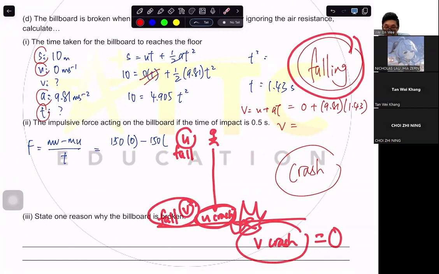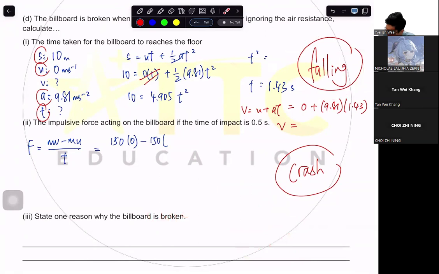Makes sense, right? So what is this final velocity of the falling? 14.02. So big. Okay, so we put 14.02 here, divided by the time.